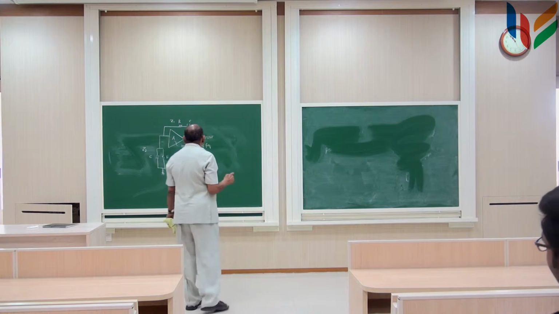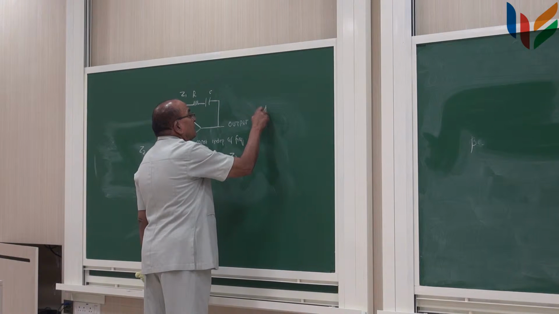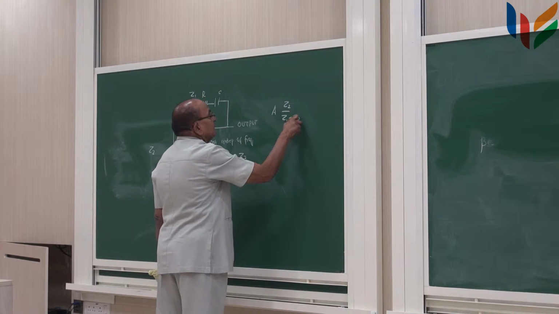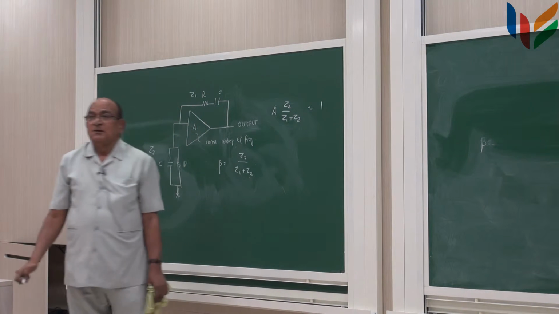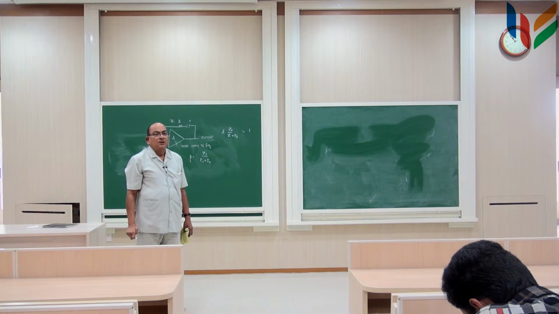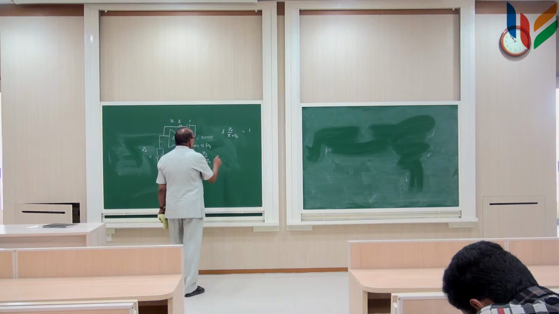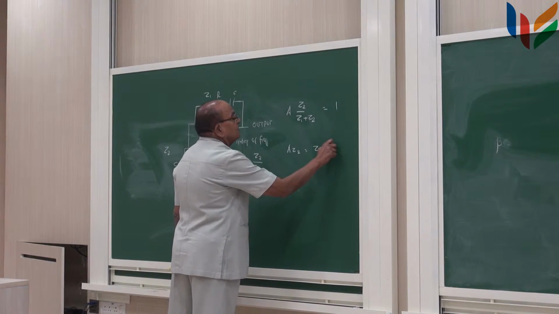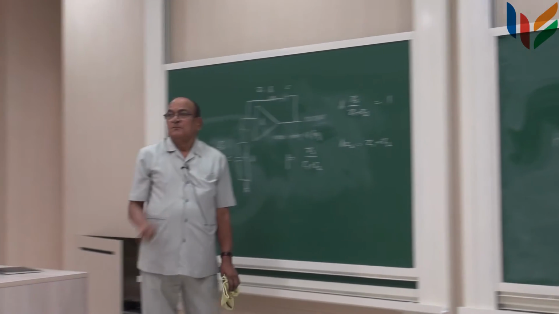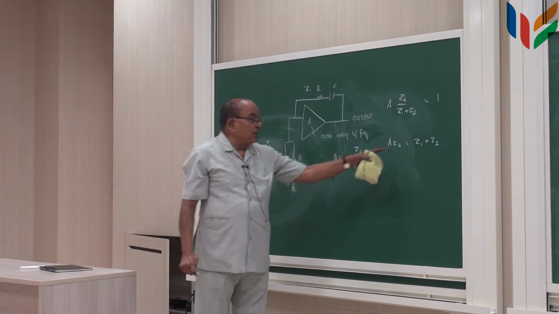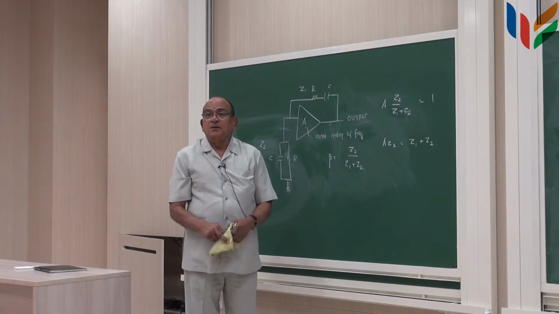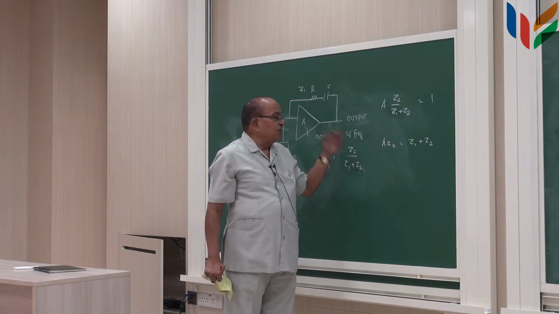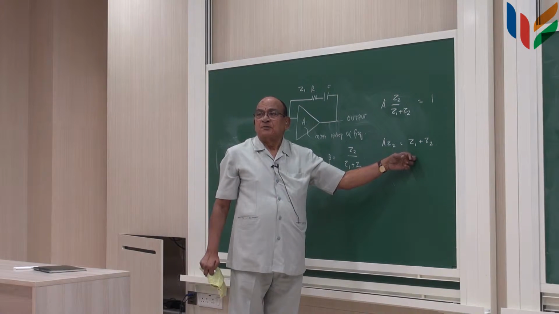So A beta must be equal to 1 according to our theory, the Barkhausen condition, which tells you that A Z2 must be equal to Z1 plus Z2. What does this statement mean? It means this circuit will oscillate at a frequency which satisfies this condition.